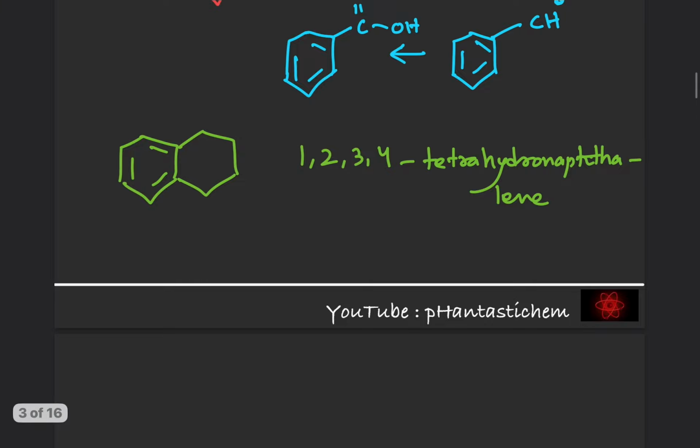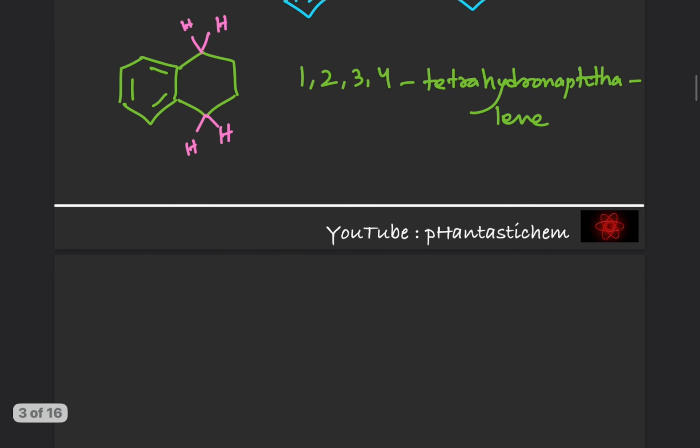Can you see this has two different benzylic hydrogens? This location is one, this is the other location, right? And we are treating this starting compound, 1,2,3,4-tetrahydronaphthalene, with the first reagent, KMnO4, H plus and heat.